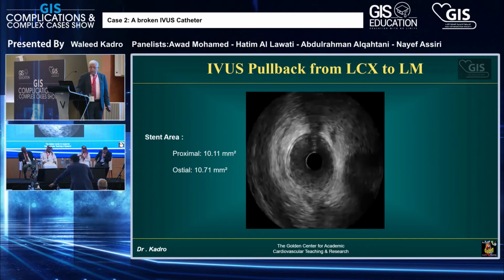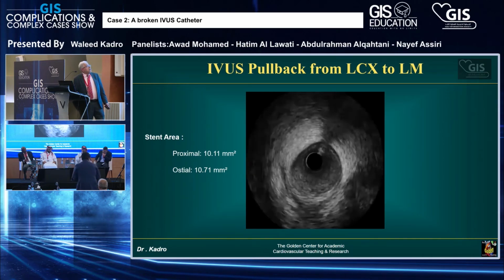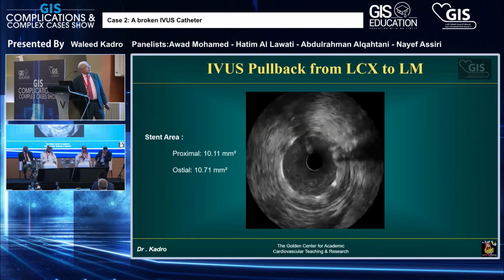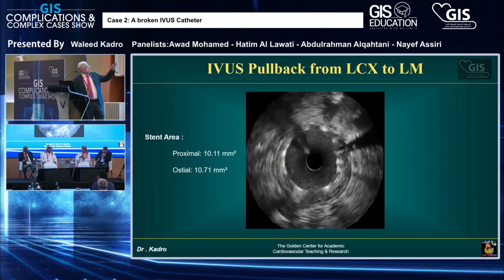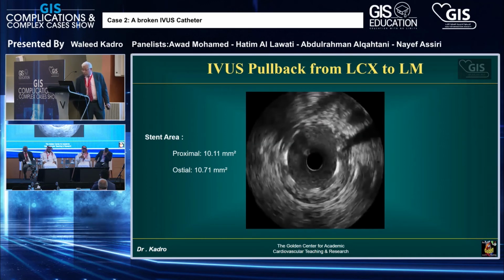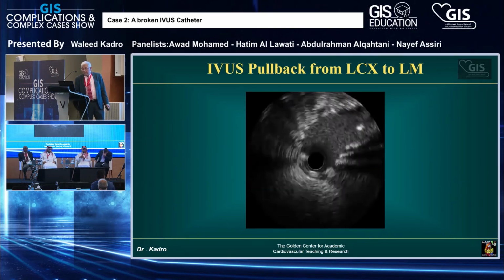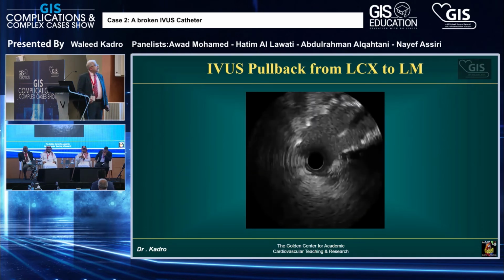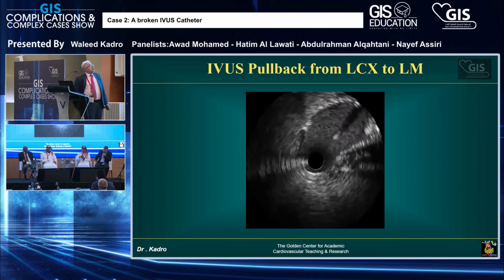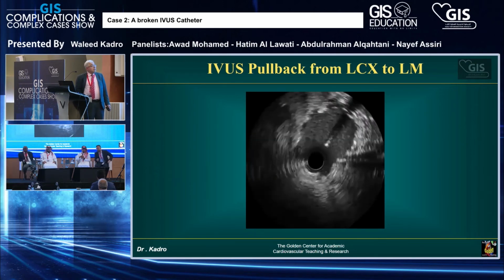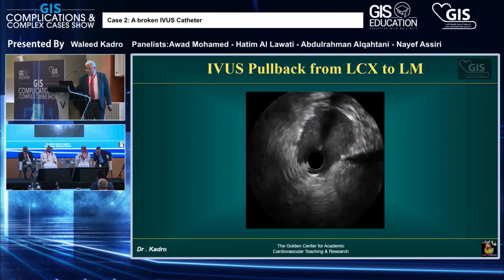And now this is the pullback from the circumflex to the left main, and you see the stent in the circumflex is also well opposed with good cross-sectional area. And this is the last part, from the circumflex to the left main, and also it's clean. So that's what happened.